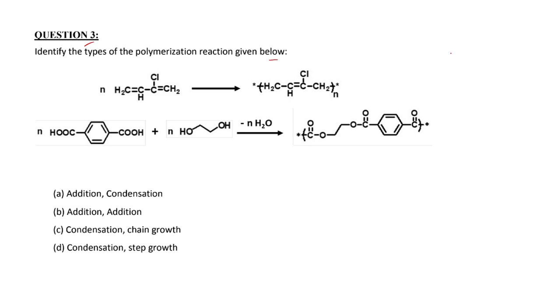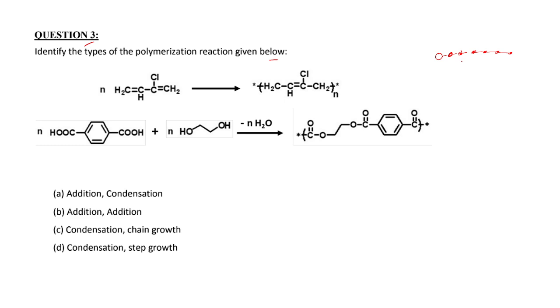First is addition reaction. Addition means one initiator is there. Suppose this hollow circle is the initiator, then it will initiate the monomer, and the chain will continue like that.